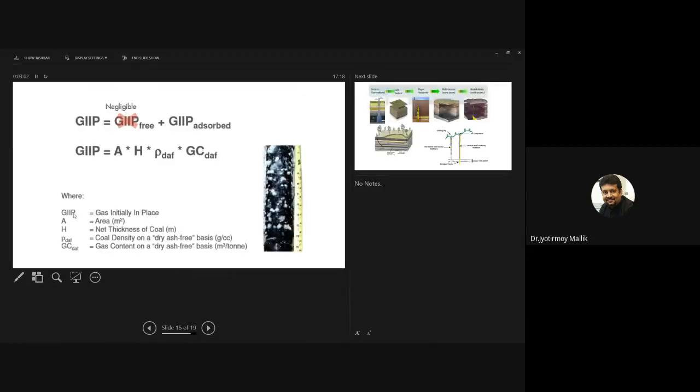Now, how do you calculate GIP? What is the full form of GIP? Can someone tell me?